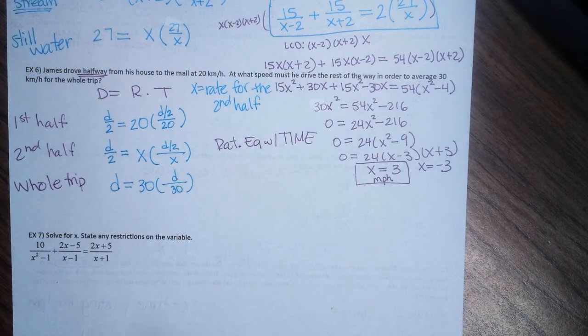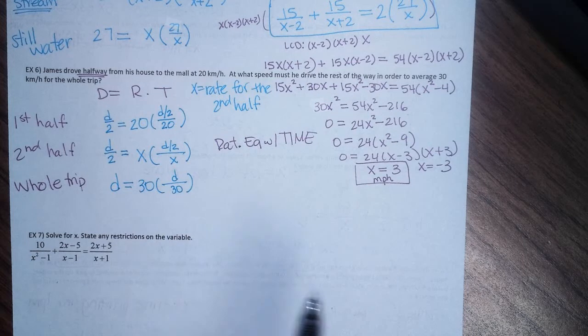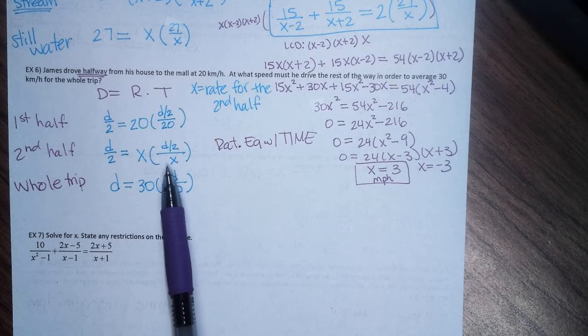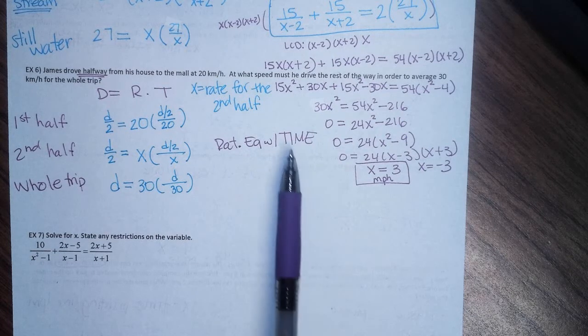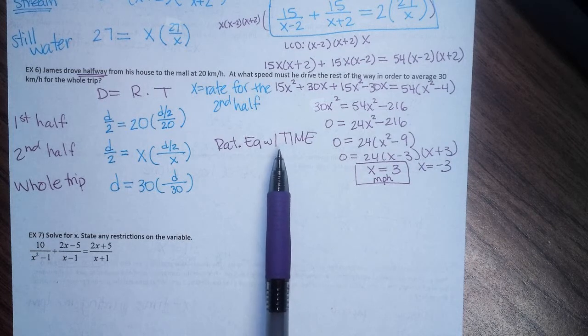For this one, it doesn't give you specifics about the time, but if you just think common sense, the first half of the trip plus however long it took him for the second half of the trip should equal the total time of the trip. So you write your equation that says the time for the first half plus the time for the second half should equal the time on the whole trip.